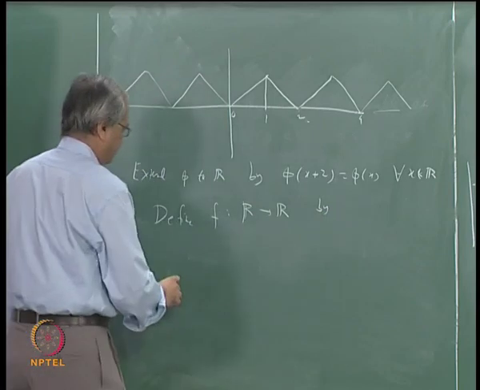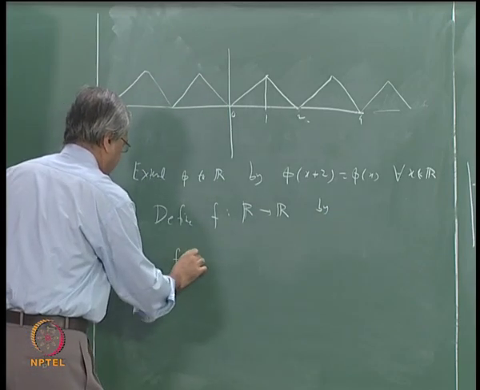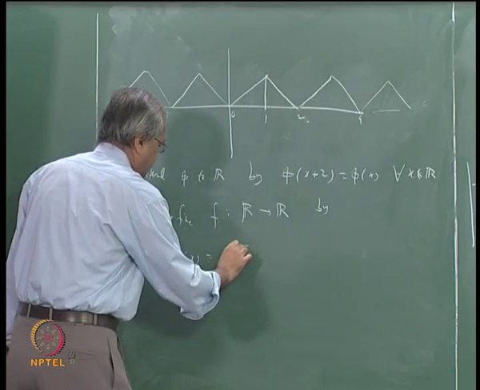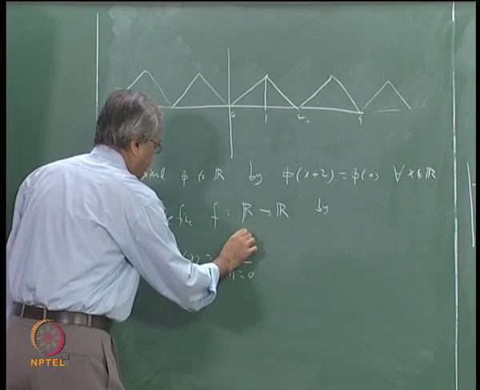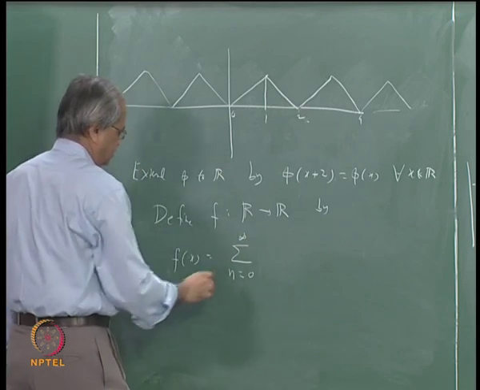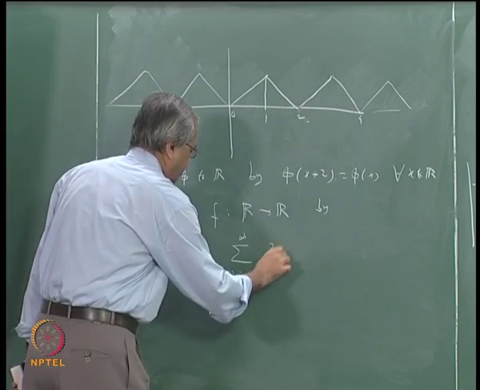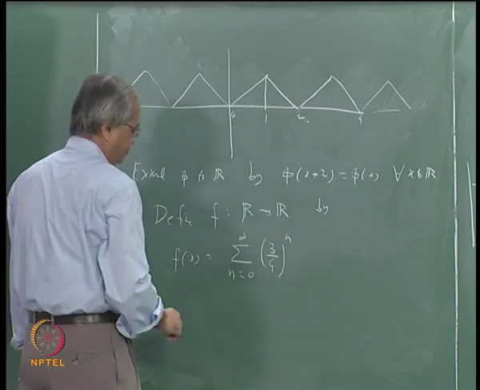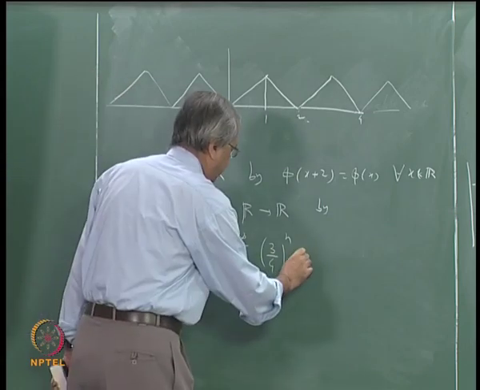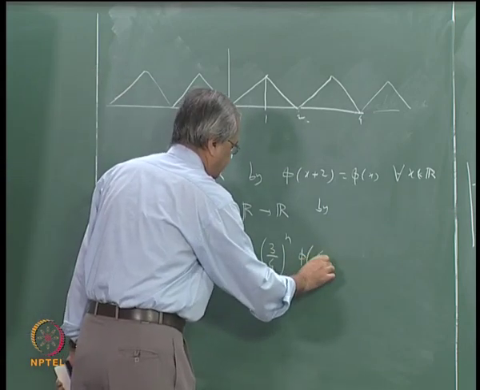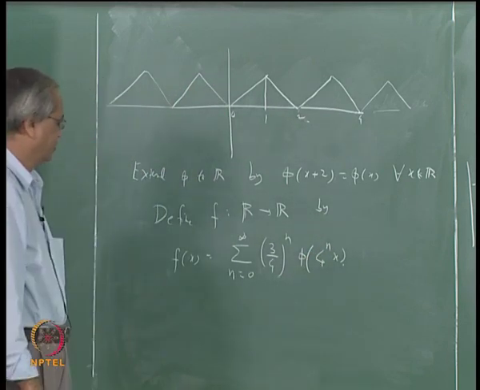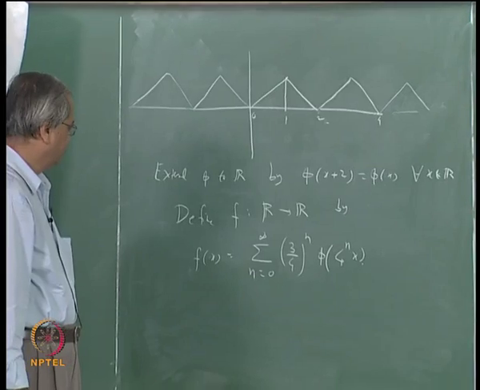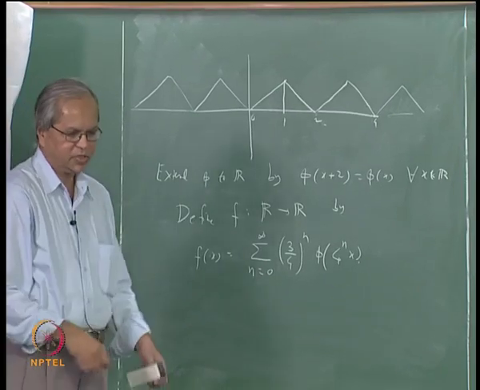Define f from R to R as follows. f of x is equal to sigma n going from 0 to infinity, (3 by 4) to the power n multiplied by phi of 4 to the power n x. Now this expression has to be exact.